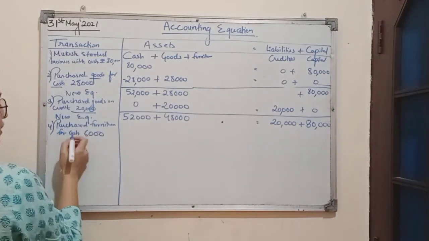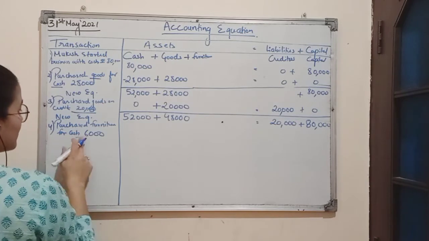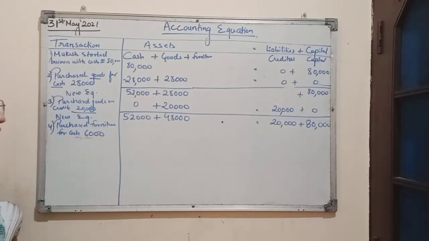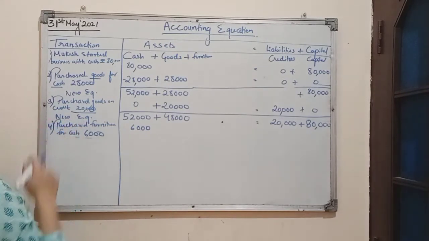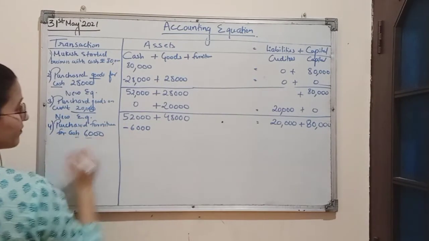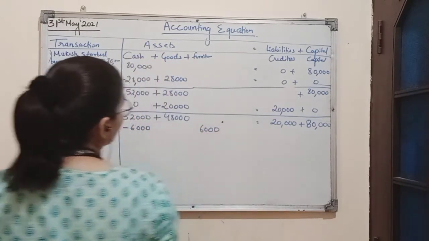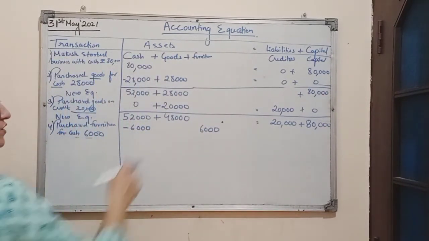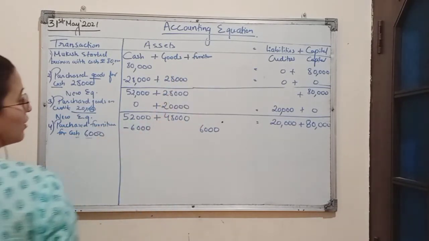Now we have purchased this furniture for cash. That means the cash balance will be reduced by the amount 6,000 as furniture has been purchased with that amount, and the same amount will show an increased balance in furniture because furniture has been acquired.